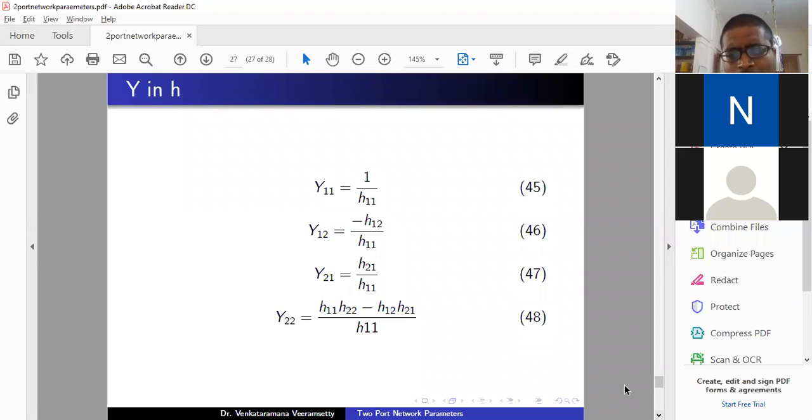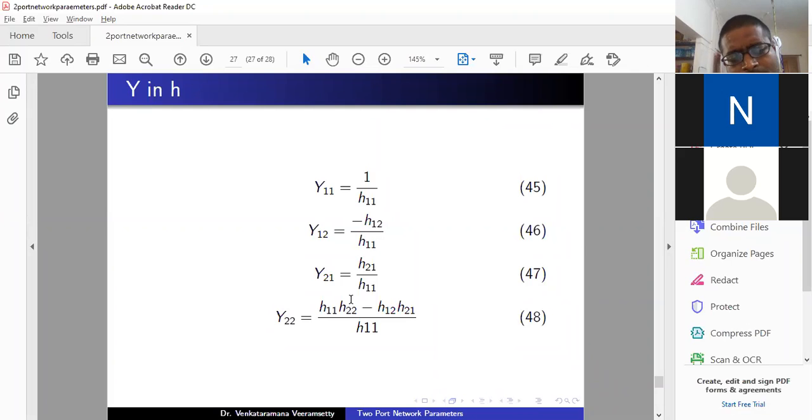So these equations 45 to 48 represent the relation between the Y parameters and hybrid parameters. As I said again, if you are able to remember these, try to remember them from the competitive examination point of view. These are helpful: for any two-port network, if the hybrid parameters are given, then you can find the Y parameters easily by using these relations.